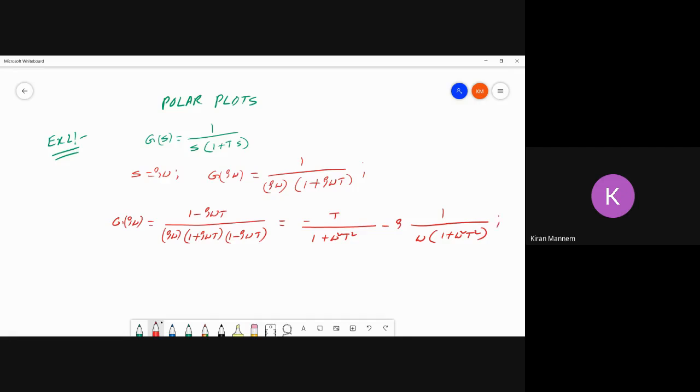So check this function. Did you get the answer or not? Did you get this function, all of you?